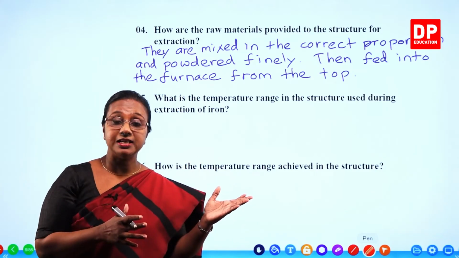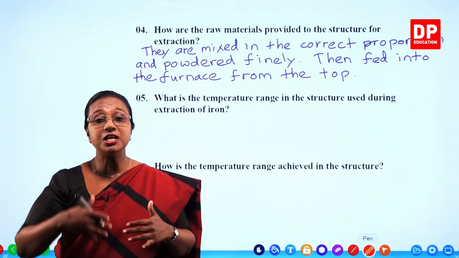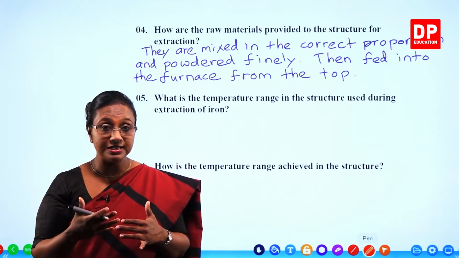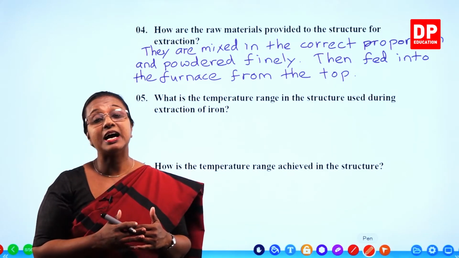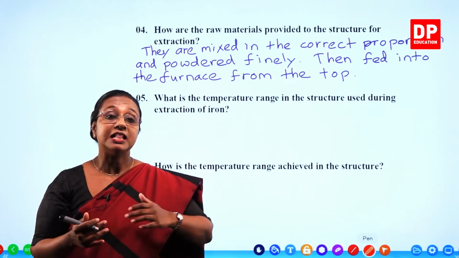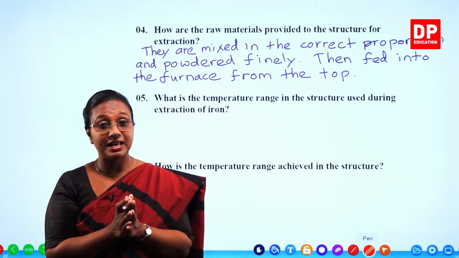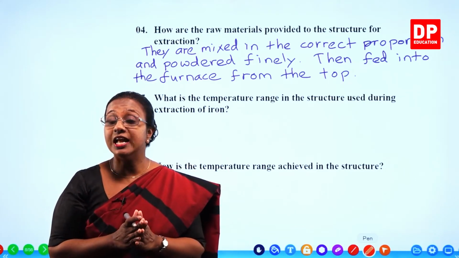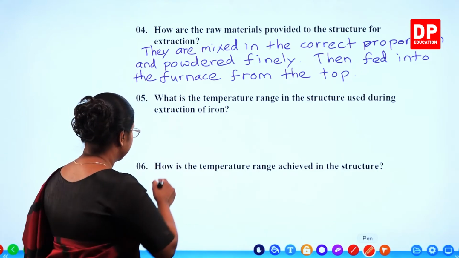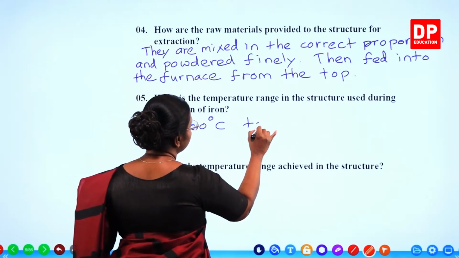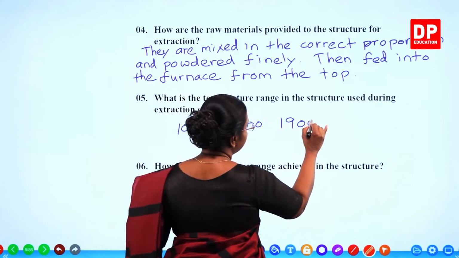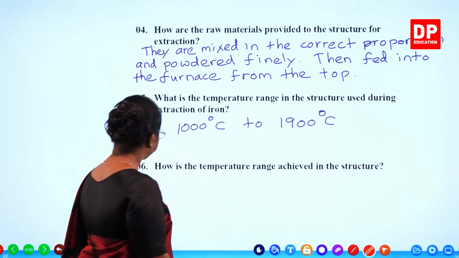It provides some temperature, but with that, coke burns, and when it undergoes combustion it liberates a high amount of heat energy. That helps to increase and maintain the temperature between 1000 and 1900 degrees Celsius.